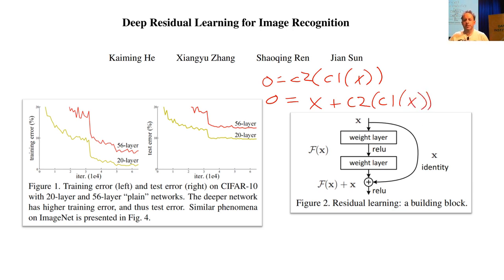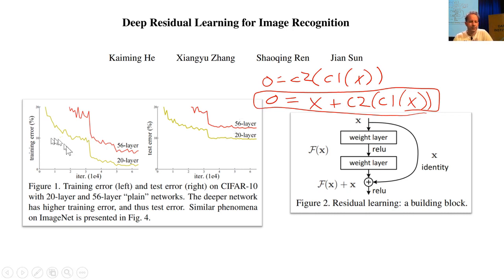So that 56 layers worth of convolutions, his theory was, has to be at least as good as the 20-layer version, because it could always just set conv2 and conv1 to a bunch of 0 weights for everything except the first 20 layers, because the x, the input, could just go straight through.